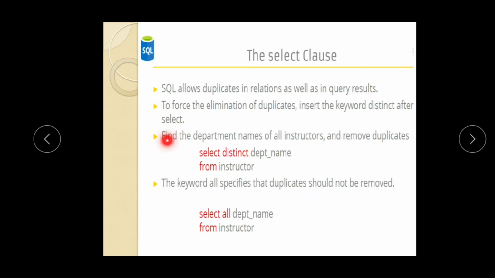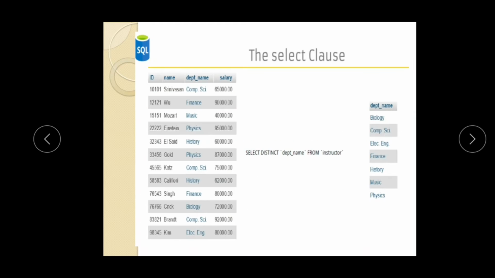The question is, find the department names of all instructors and remove duplicates. To remove the duplicates we include the keyword distinct. If we write it like that, the output will be like this.